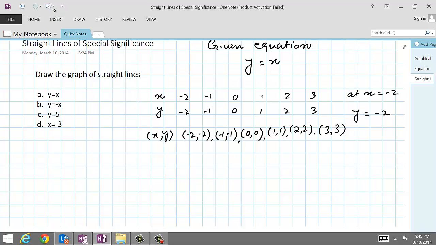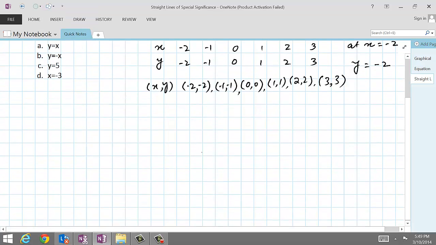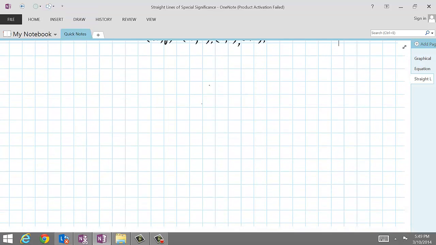For this purpose, we'll need a Cartesian coordinate plane, and let's draw the Cartesian coordinate plane here.